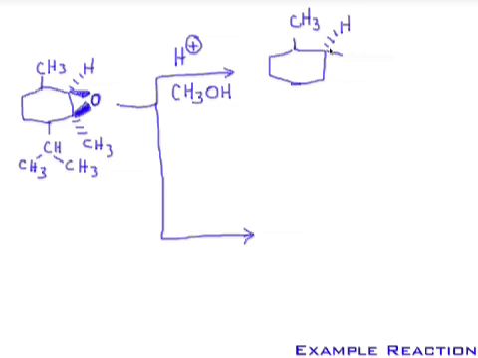The O from the epoxide becomes an OH. The methyl inverts. The methyl gets the wedge.